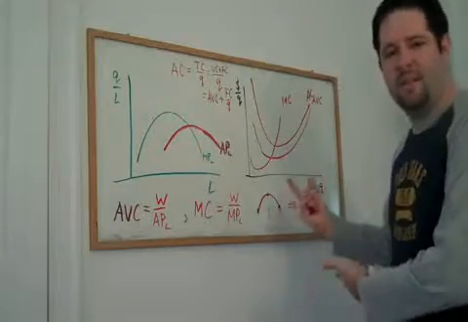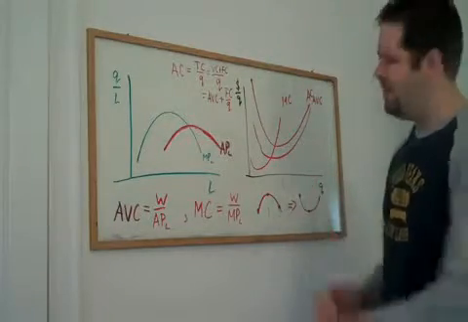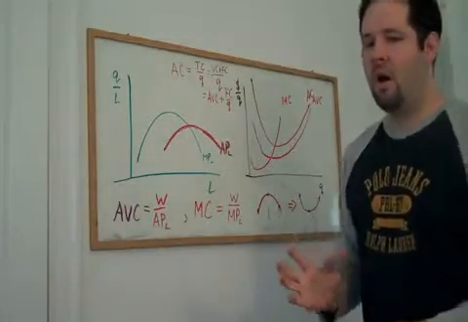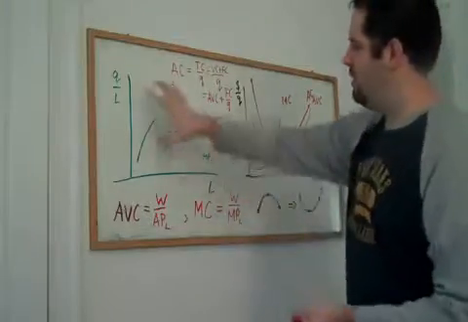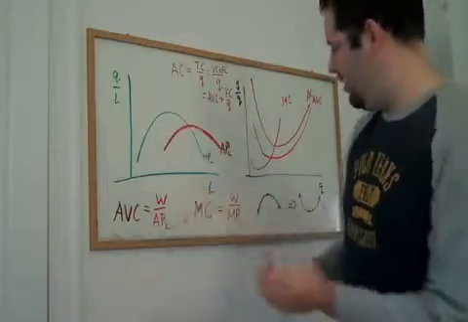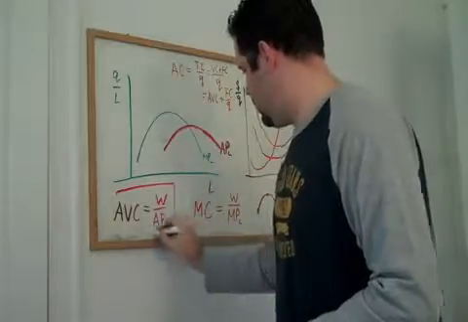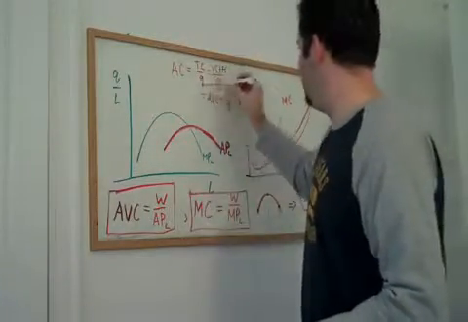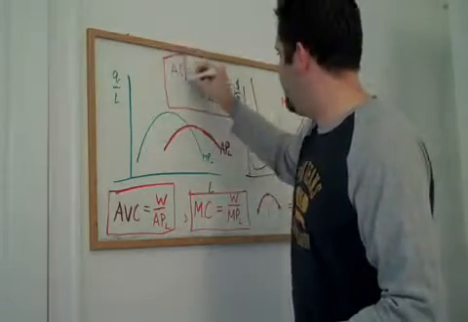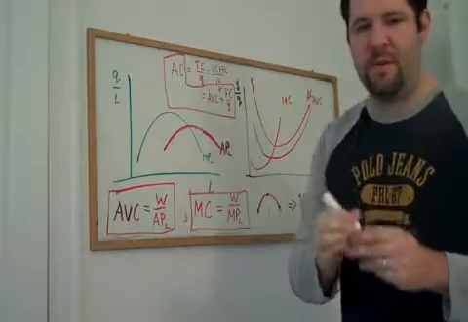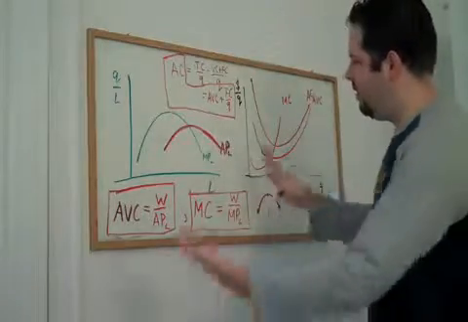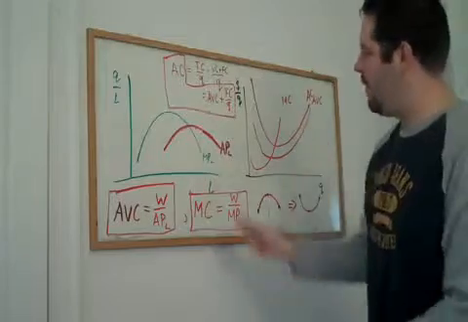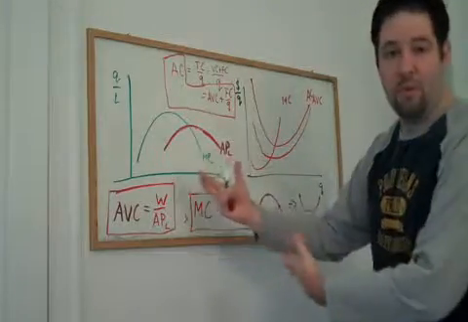So this is our cost curve graph, and this is some of the theory that underlies the way we think about our cost curve graph. This is the production side here, but through these equations, this one here, average variable cost, this one here, marginal cost, and this one here relating average costs, average variable costs, and fixed costs, we can totally construct our cost curve graph from information on the short-run production.